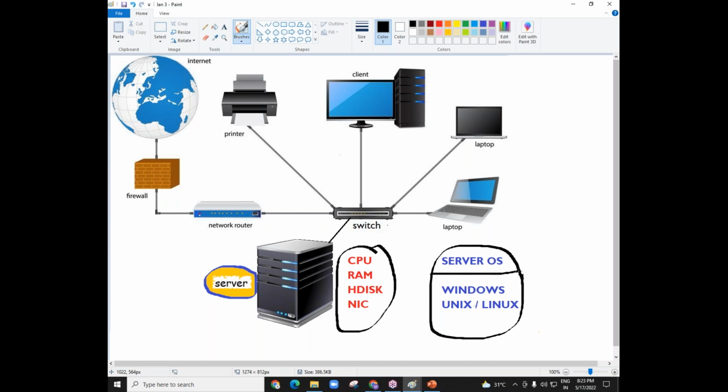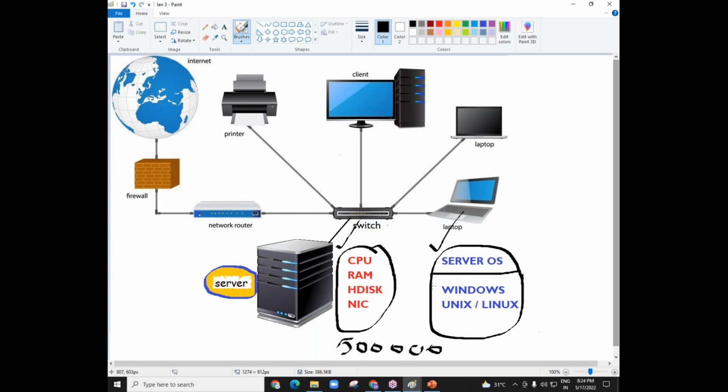Okay, listen friends. So a company has to spend around, let us say, 5 lakh Indian rupees. This much money a company has to spend to bring a server machine here and to bring the server operating system. That much money, 5 lakh rupees, is some money for sure. Okay, they are spending 5 lakh rupees to bring one machine.